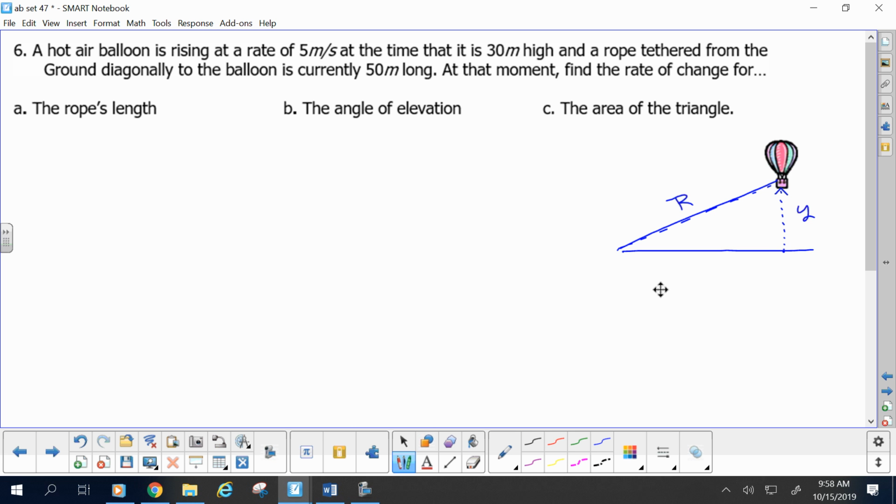So let's assume they say currently 50 meters long. To me, that says that's not always going to be the case. So I'm going to call that r, and that 50 is more like the instant they ask about. The instant that the height is 30 and the rope is 50, that's the specific case. You follow?